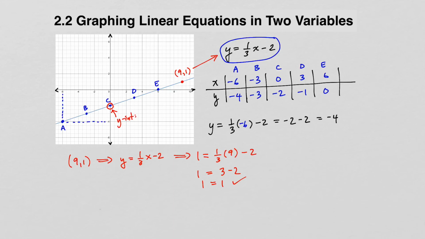So the y-intercept is the point 0, negative 2. And the x-intercept is here. The x-intercept is the point 6, 0. One thing you should notice is that when you're finding the y-intercept, x equals 0. And when you're finding the x-intercept, y equals 0.